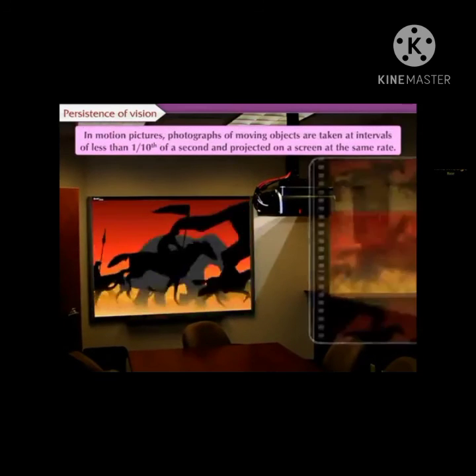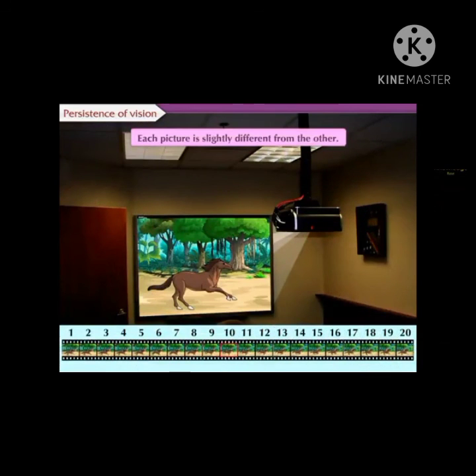Motion pictures on television work on the principle of persistence of vision. In motion pictures, photographs of moving objects are taken at intervals of less than 1/10 second and projected on a screen at the same rate. Each picture is slightly different from the other.